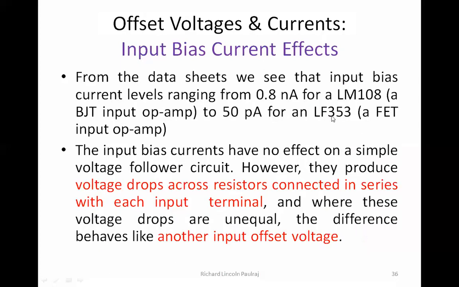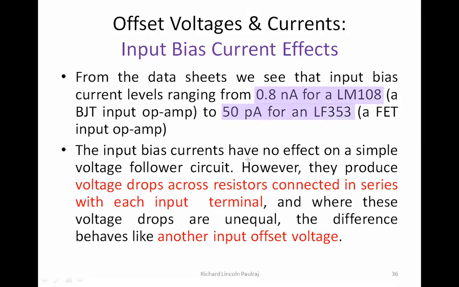From the data sheets, we see that input bias current levels range from about 0.8 nanoamps. Here again, I am referring to other transistors, with values which are actually not required, but this is only for your understanding.